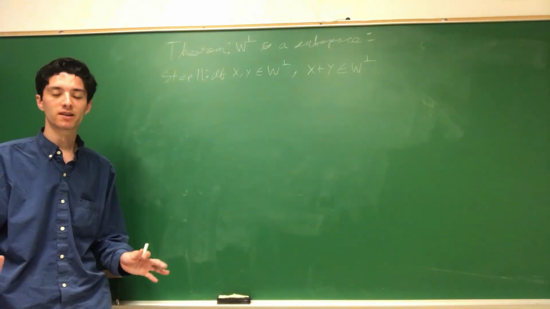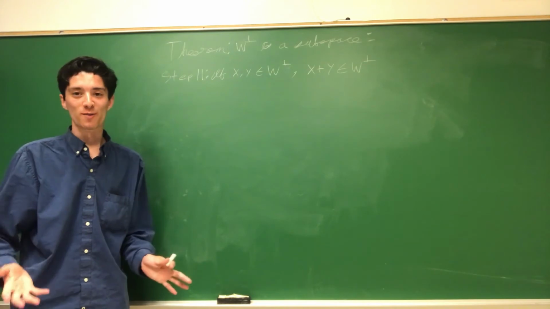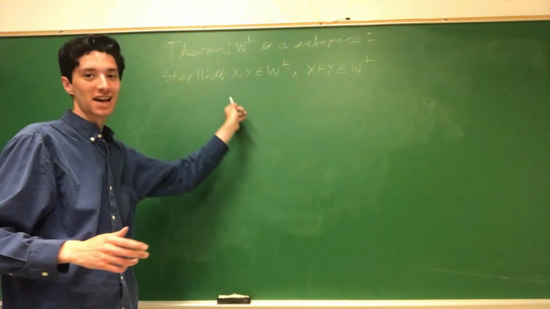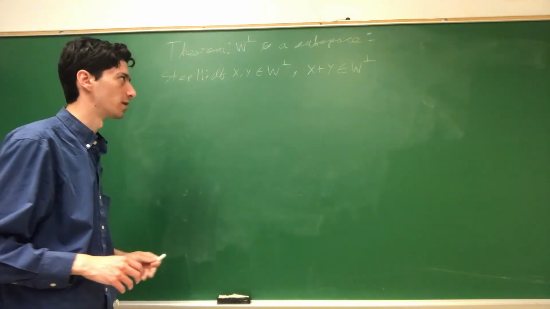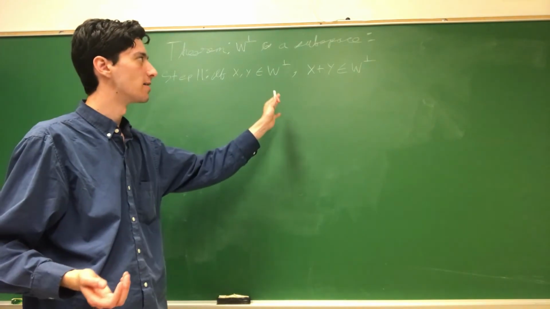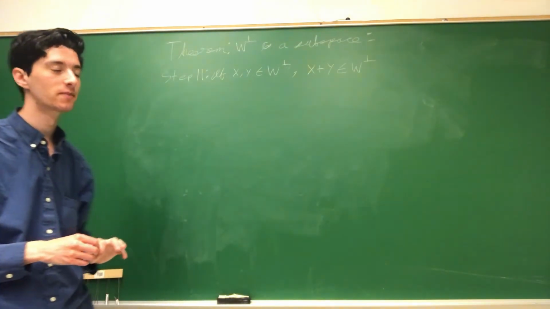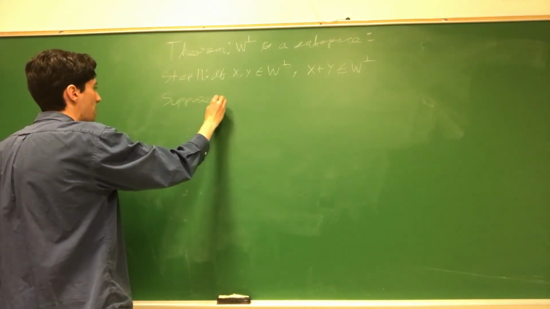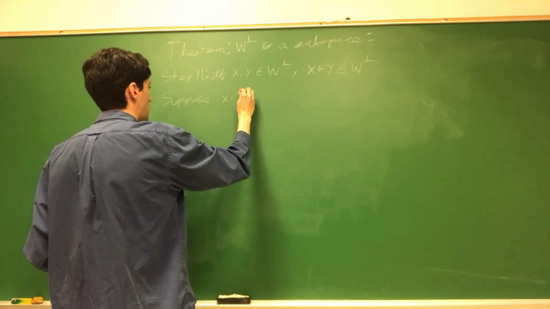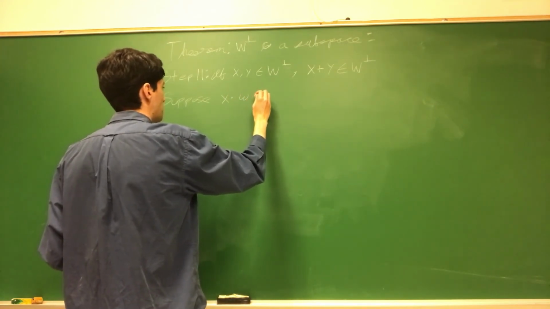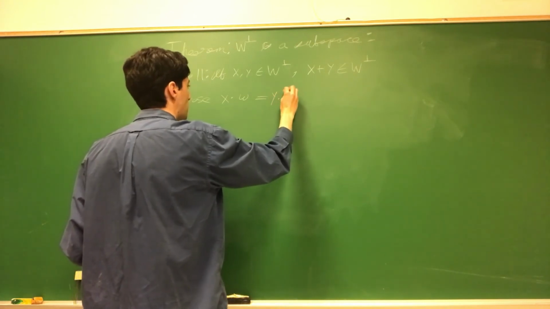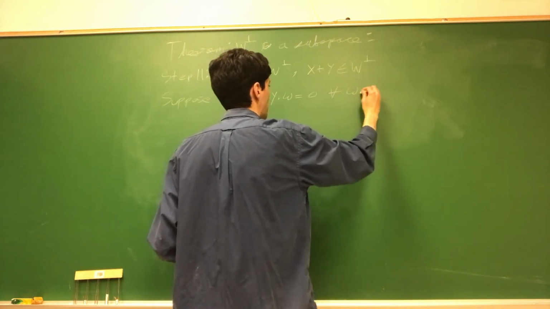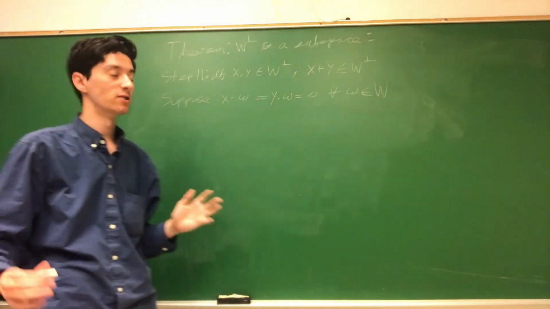The second step is to show that W perp is closed under addition. So we say that if 2 vectors, x and y, are in the orthogonal complement of W, then their sum, x plus y, must also be in this orthogonal complement. So we'll do a similar thing. We will suppose that x dot w is equal to y dot w, which is equal to 0, for all vectors in our original vector space.